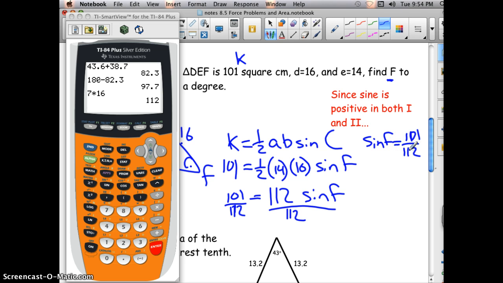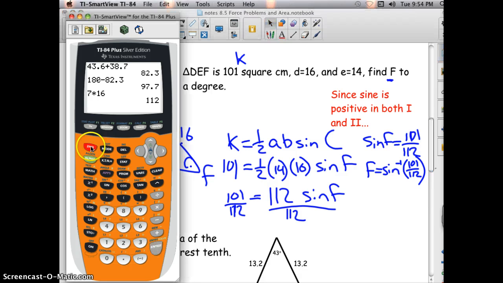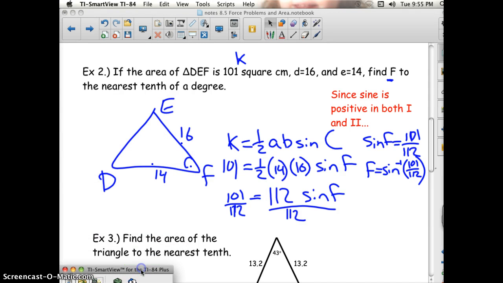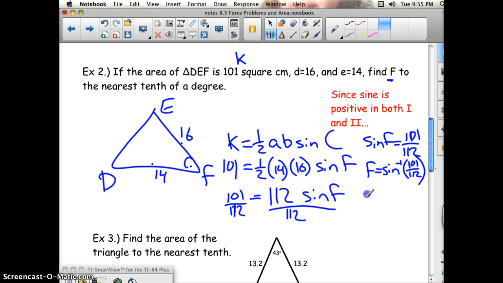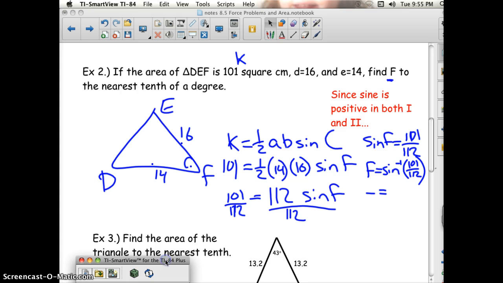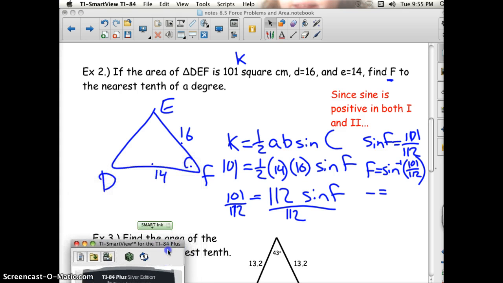And then, therefore, my first F, the one in the first quadrant, will be inverse sine of 101 divided by 112. And I get 64. It says find F to the nearest tenth of a degree, so F is actually going to be 64.4 degrees.